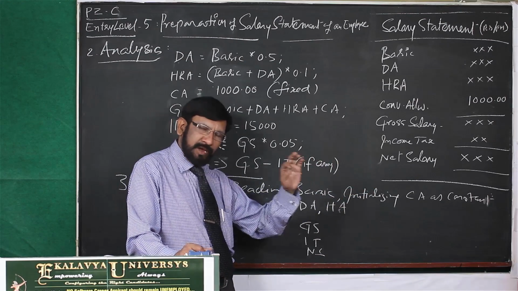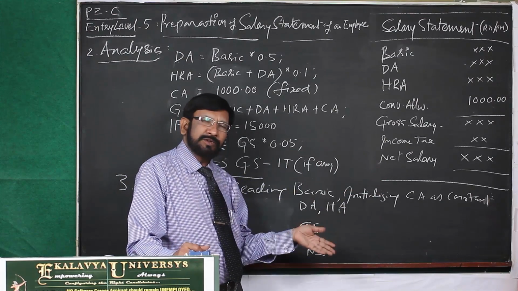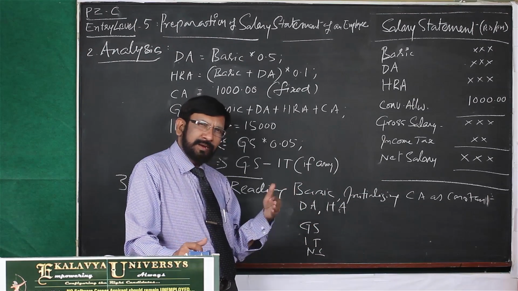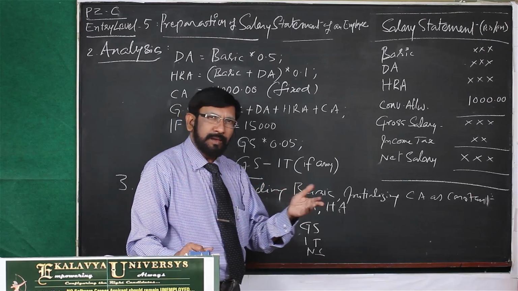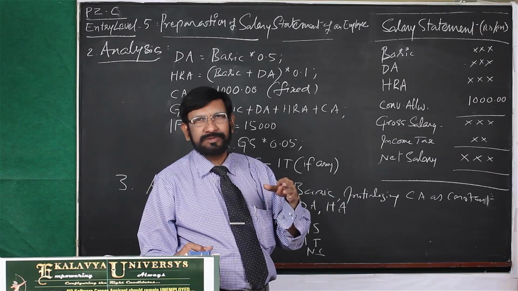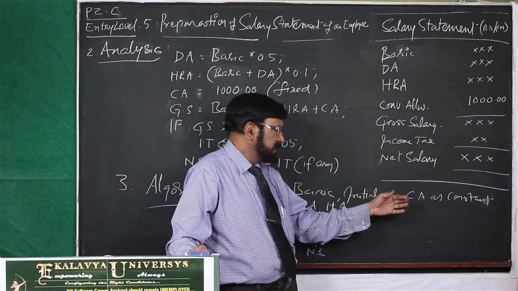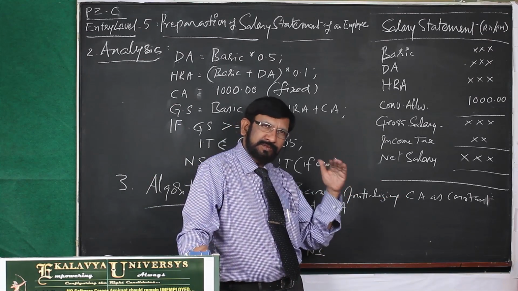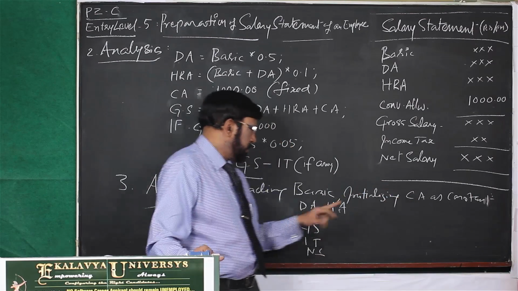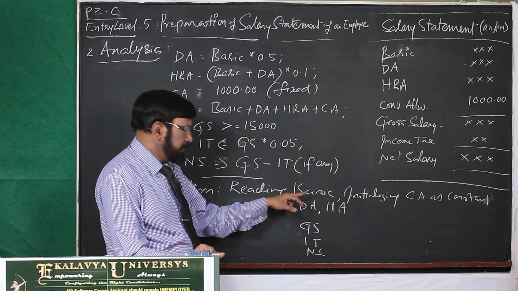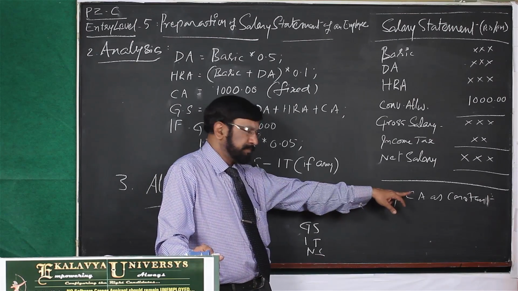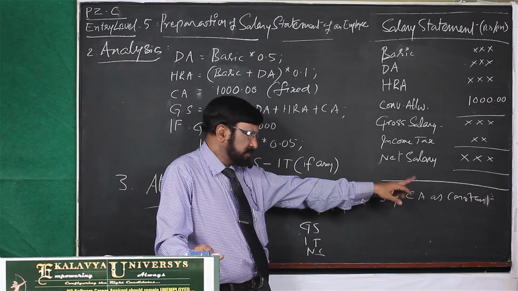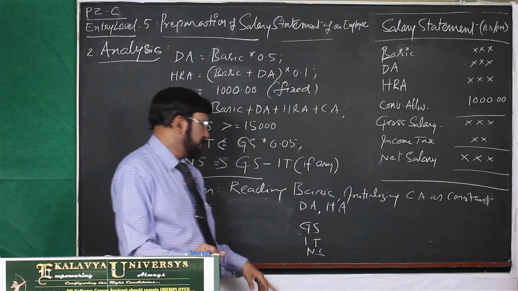So, it is always safe to declare it as a constant. If we declare it as a constant, then there is no scope of modifying or changing it accidentally or voluntarily. That is always a safer method. So, we are reading the basic pay, as well as initializing conveyance allowance with 1000 rupees as a constant.